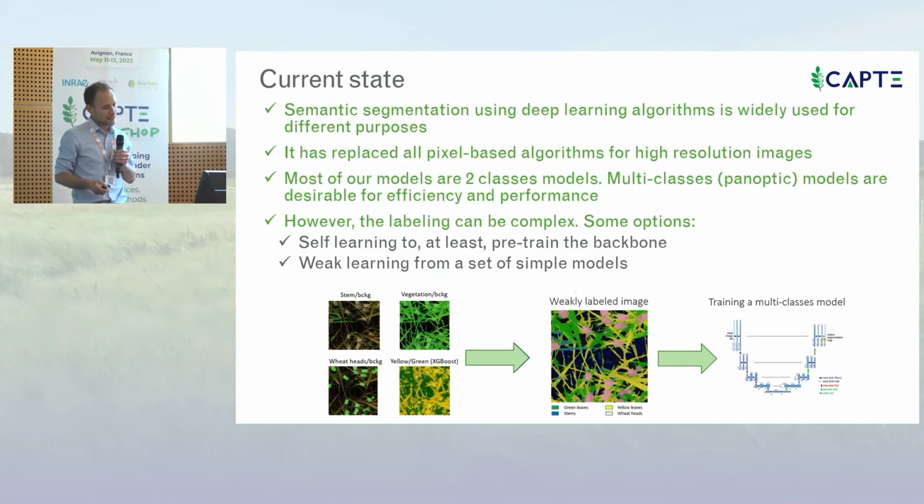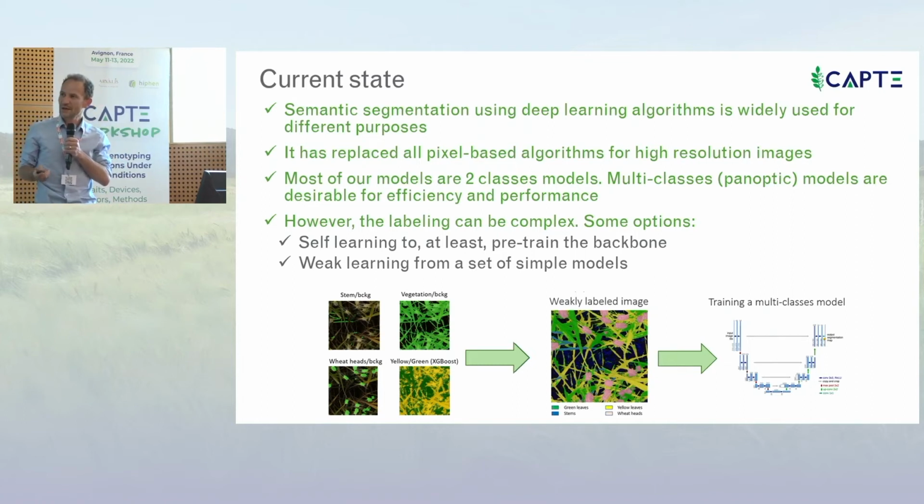But we want to go to multi-class models, which directly identify the different classes, because they are known to be more efficient and to have higher performance. But it's not so easy to train, because in this case you have to annotate each part of the image in different classes, so it's more work again.